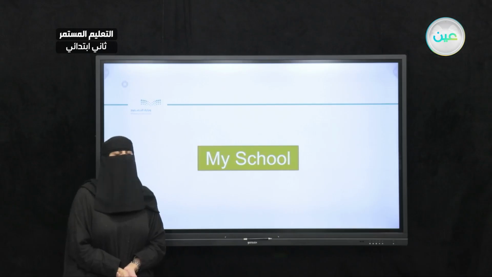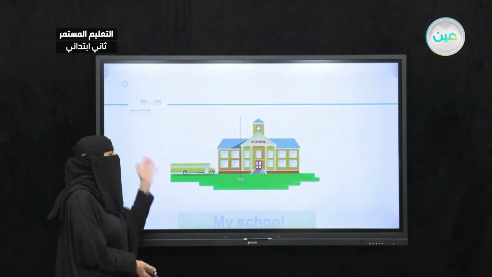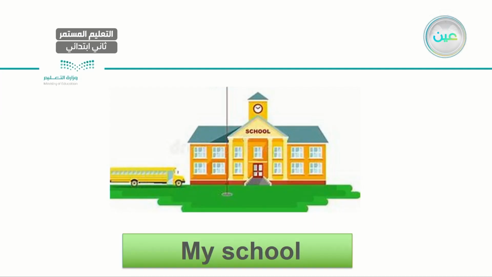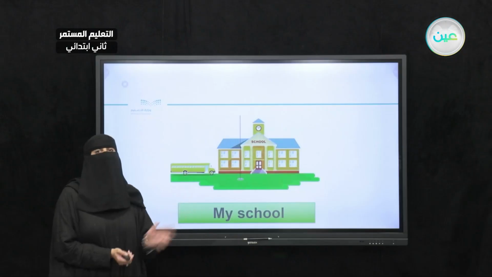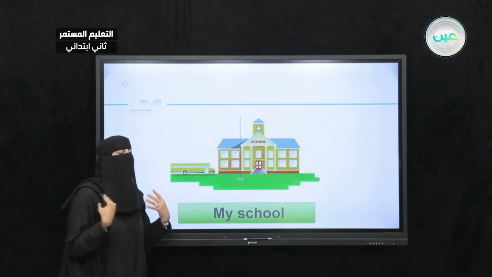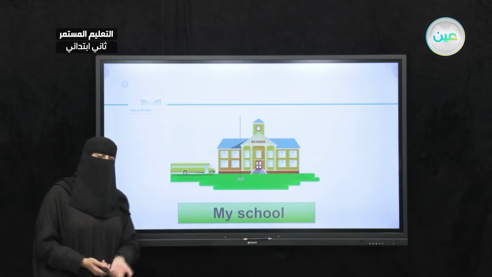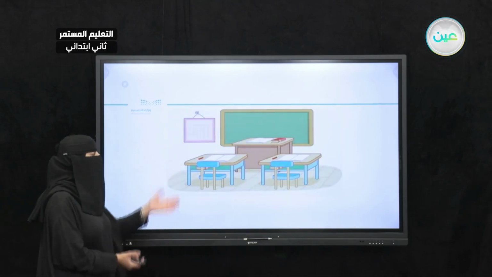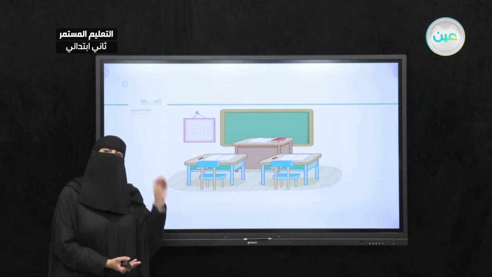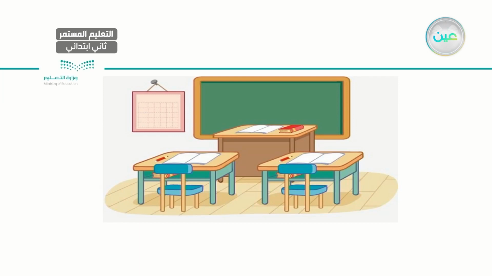So in the previous lesson, we were able to name things in my school, or things in my bag, or things that are inside my classroom, okay? So this place is called My School. How about this picture, my dear student? It's a room that you can find inside each and every school.